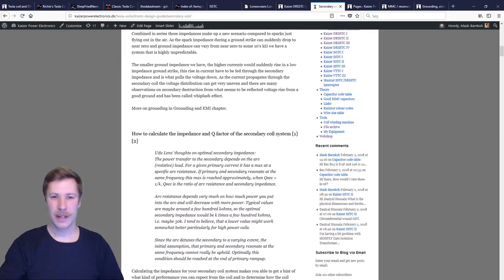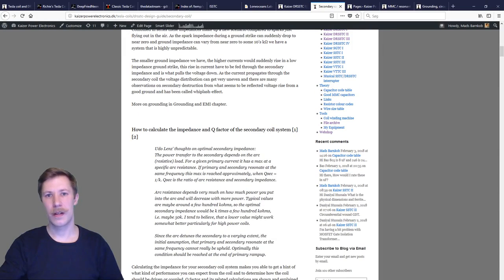It's a lot of difficult subjects to understand, and how impedance and Q factor and so on affect the system. But it all comes down to that we have to think of the arc, or the spark, as a huge resistor. It's something that we put a lot of energy into. This is our end product.